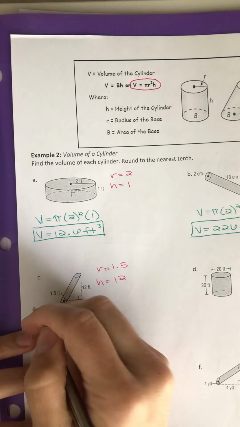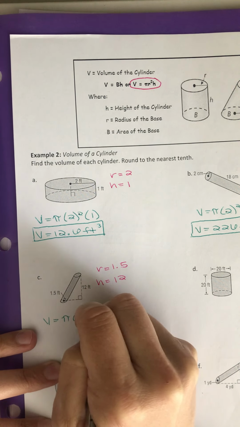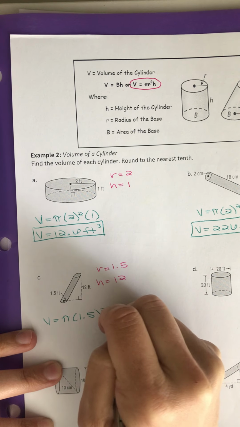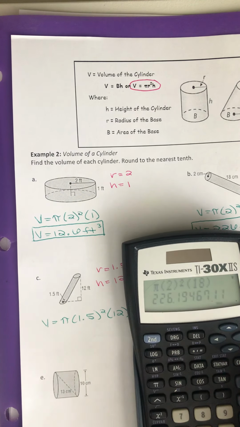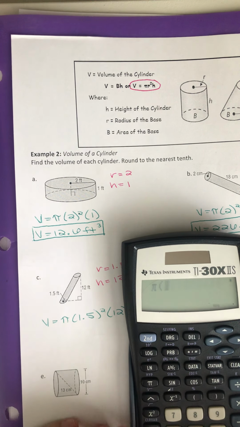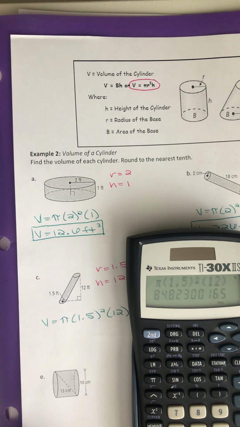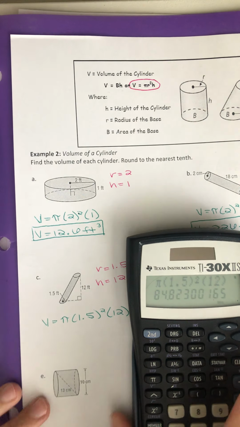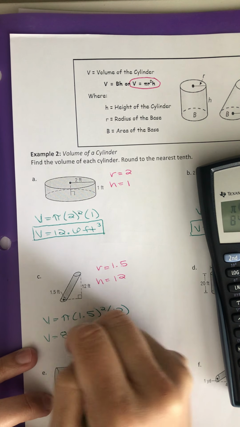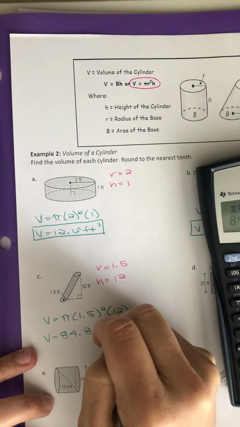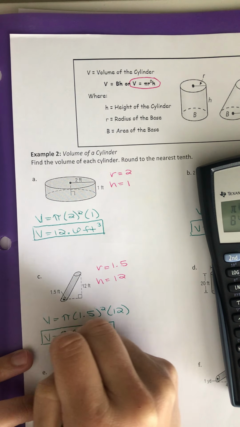So my volume is pi 1.5 squared times 12. And it's about 84.8. Feet cubed.